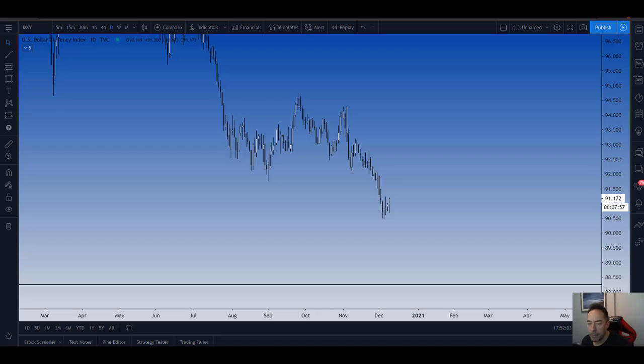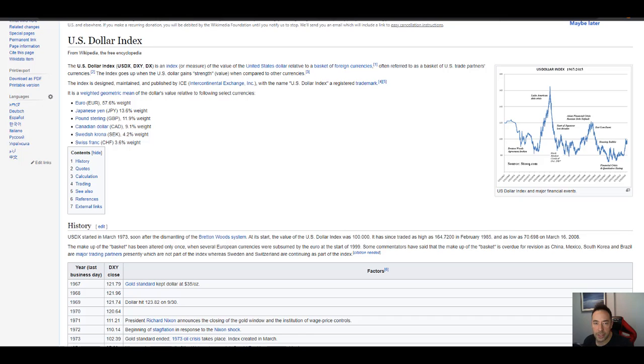We've had a few questions actually about the dollar index, what it actually is. Well, it shows us the strength of the dollar weighted against a basket of different currencies. If you want more information on that, you can type in US dollar index and have a look on Wikipedia, and you can see how the dollar index is made up.